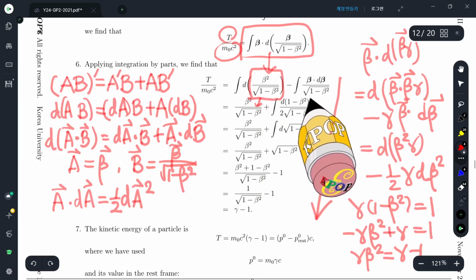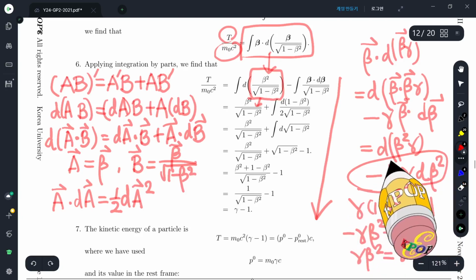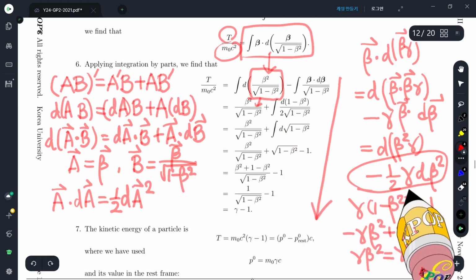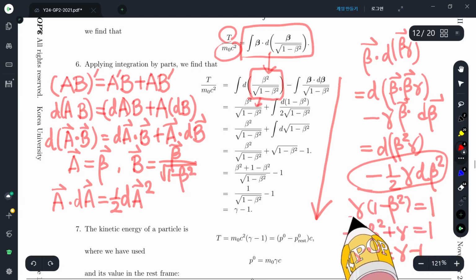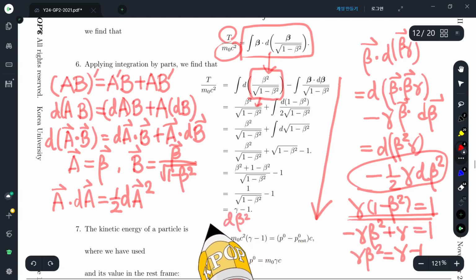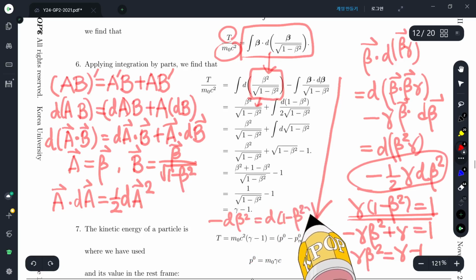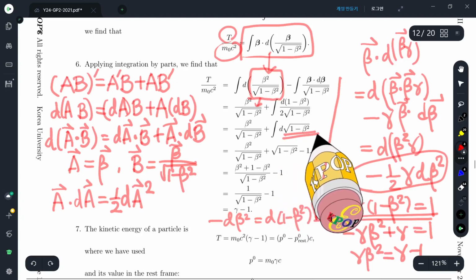And the second one, this is a trivial integral, the first vector. And the second one is a beta integral, but we can make use of this: minus 1/2 d beta squared is minus 1/2 d of 1 minus beta squared, and that is d of 1 over gamma. And 1 over gamma is just 1 over gamma's differential.